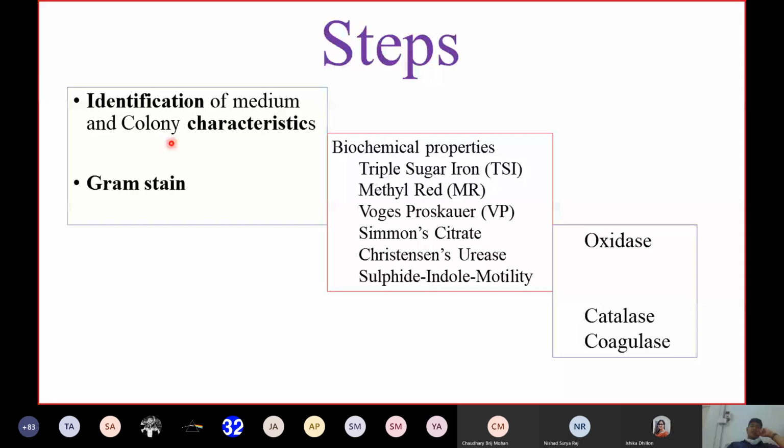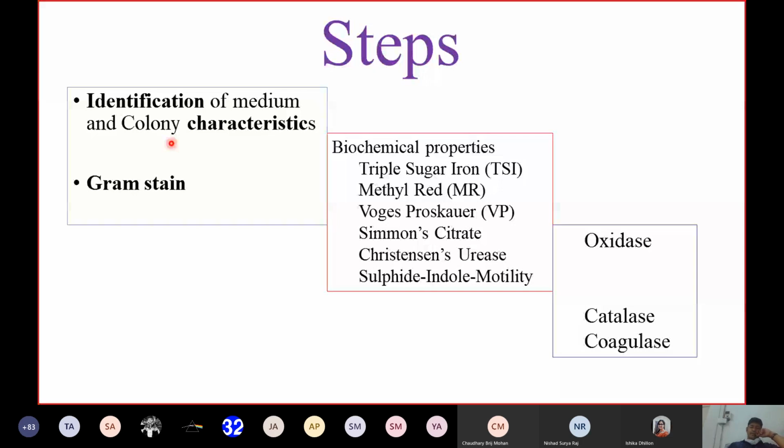If we culture Staphylococcus aureus in MacConkey agar or in MHA, we may not see hemolysis. In chocolate agar, we may not see hemolysis. So first define the medium and colony characteristics, then do the Gram stain. Gram positive or Gram negative. For Gram negative bacteria, we go for this whole set of biochemical tests. And for Gram positive, we go for catalase and coagulase. And for Gram negative, if Pseudomonas is suspected, then we again test for oxidase also.